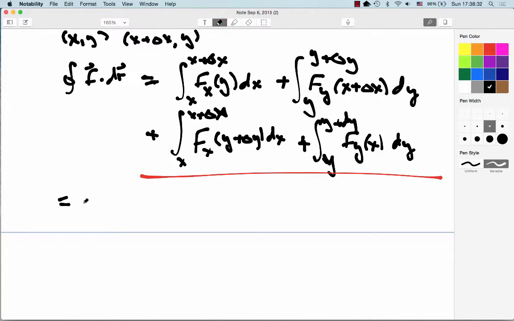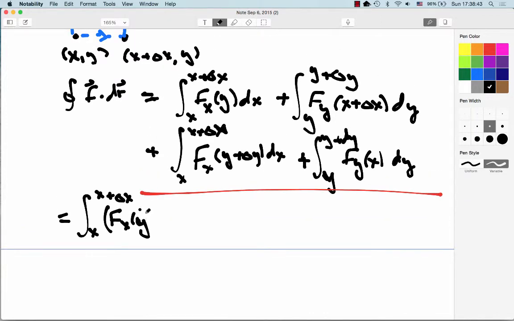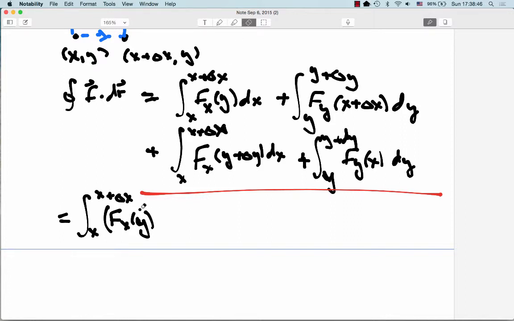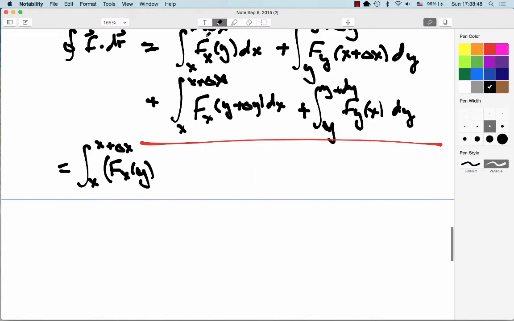So adding the first term, I'm going to have an integral from x to x plus delta x of, now here I'll have f sub x of y minus f sub x of y plus delta y dx.